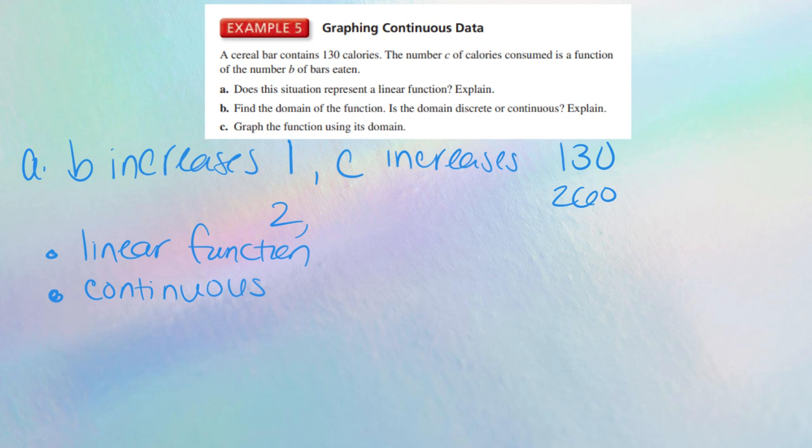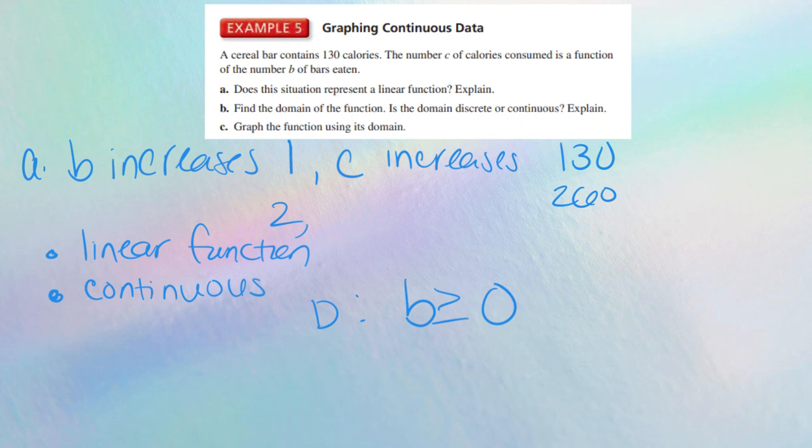Okay. The domain is going to be what? Your domain is going to be B. The domain is B greater than or equal to 0. What does that mean? When B is greater than, you're going to eat more than 1 bar, right?